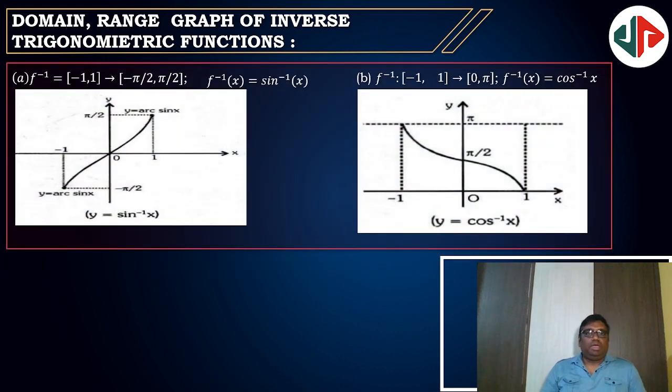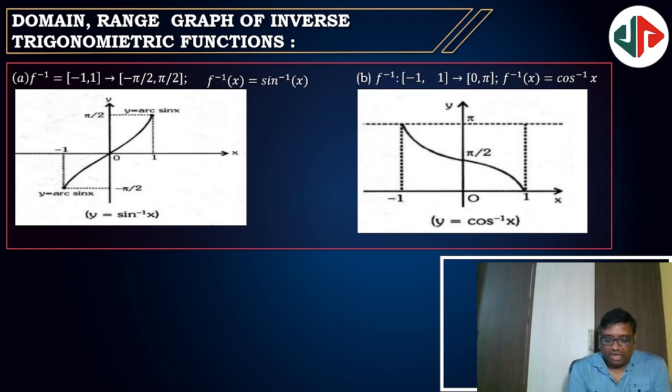So when we consider the inverse sine function, it is clear just by observation. Here there is one function given: f from the closed interval minus pi by 2 to plus pi by 2 to the closed interval minus 1 to 1, defined by f of x is equal to sine of x.